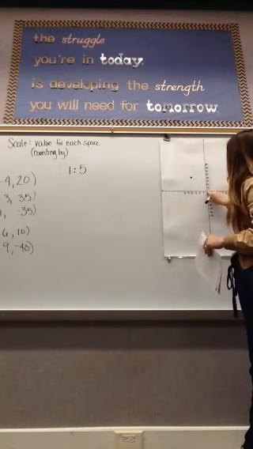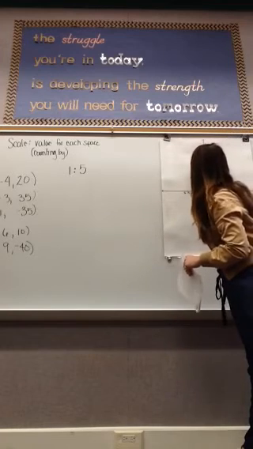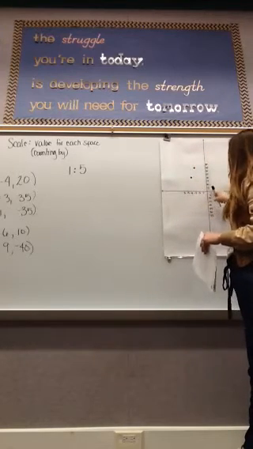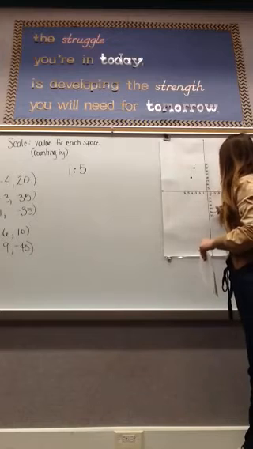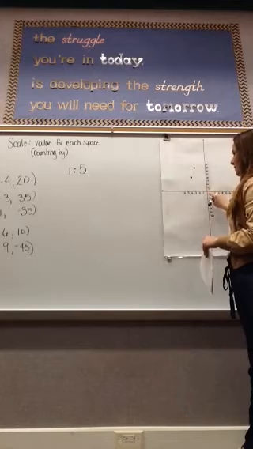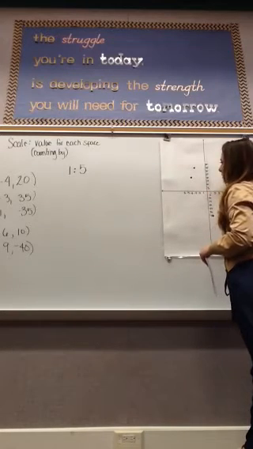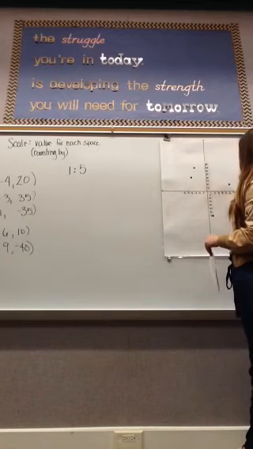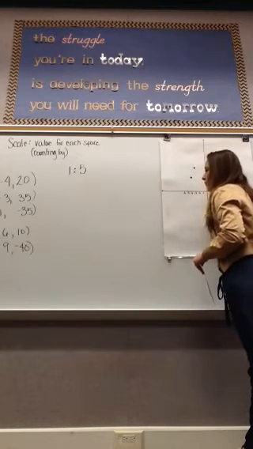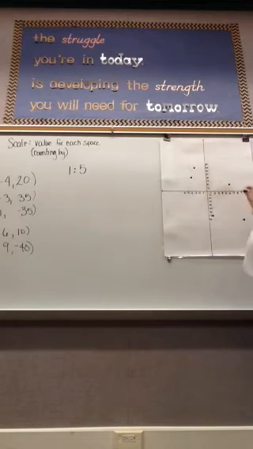Negative 3, 35: over to negative 3, and then up to 35. 1, negative 35. 6, 10, so over positive 6 up to 10, and then 9, negative 40, so over to 9, down to negative 40. Using that scale, we were able to plot all 5 points on our coordinate plane.